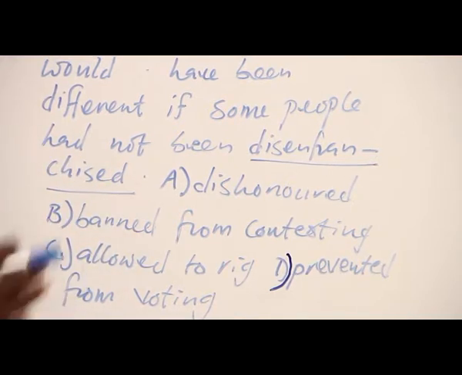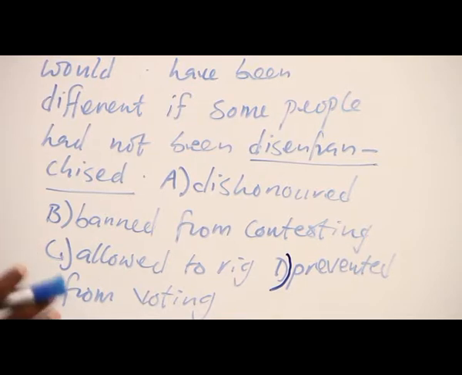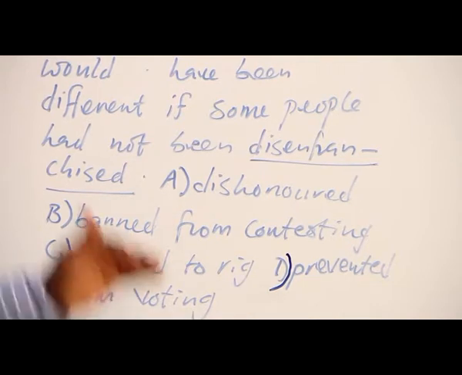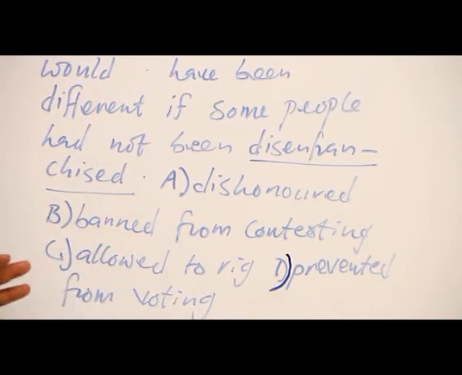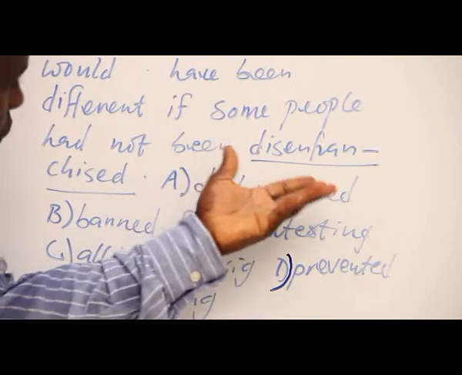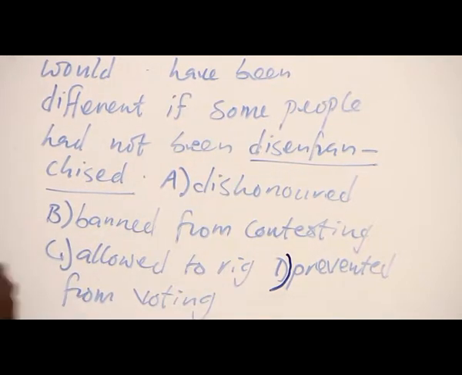These are terms or expressions that we can find within the register of politics. So on the basis of that, we cannot eliminate anyone. So we must therefore look at the meaning of the word disenfranchised. But even before we do that, in terms of semantics, meaning, and derivation, we can begin to look at allowed to read.